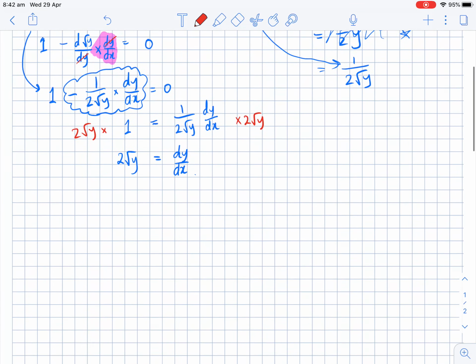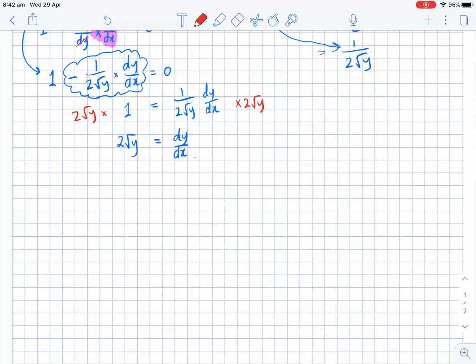The second example we had in today's lesson was to find dy/dx for this expression. So we had 4x plus y squared minus 2y minus 2 equal to 0. Now I'm going to try and take a few shortcuts this time.